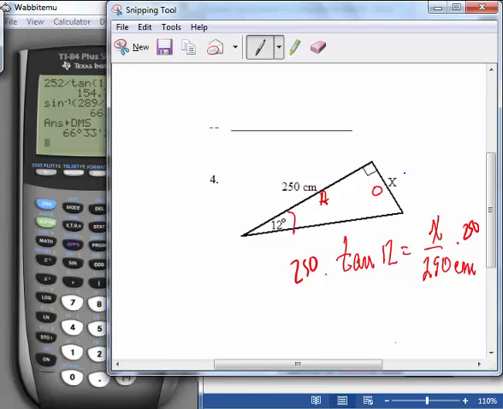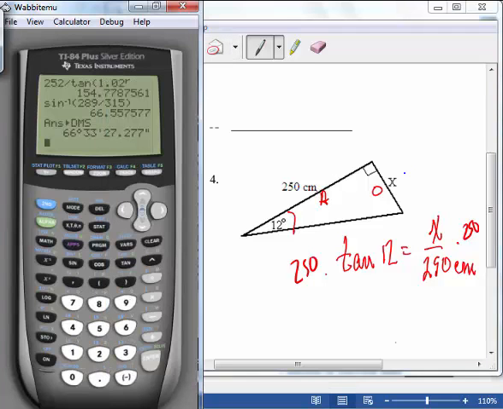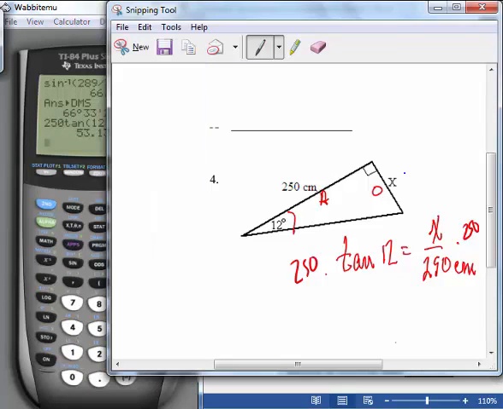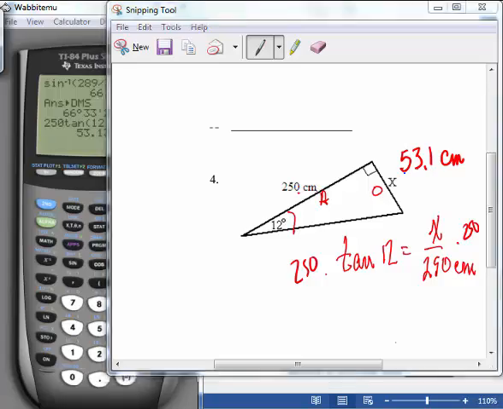We would type on our calculator 250 tangent 12 is 53.1. I'm assuming this was 250.0 centimeters. So 53.1 centimeters. I'm just not sure if we should have 2 sig digs or 3 sig digs for that one.